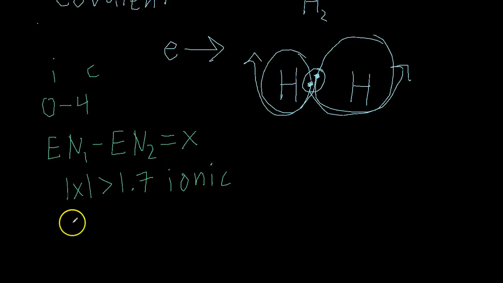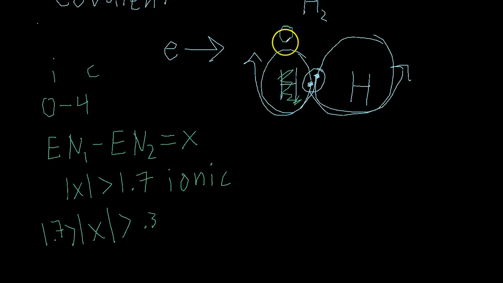However, if it is between 1.7, that is not ionic, and greater than 0.3, what you'll find is that the electron will be shared among the two elements. However, it will tend to favor one. So let's say instead of hydrogen, this was oxygen.